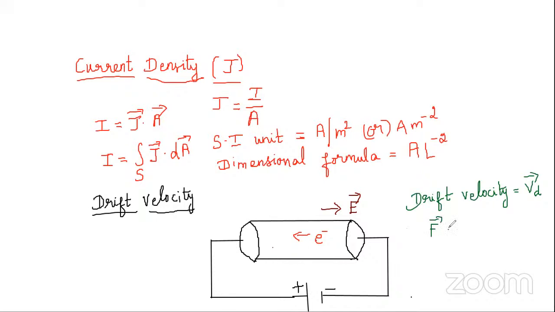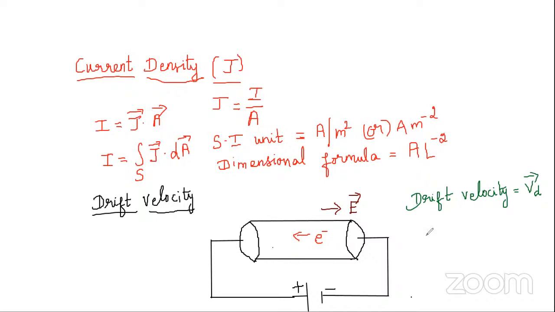So what will be the force acting on the electrons? That force is F equal to minus e into capital E. Let me show it in a different color so that you can understand this.